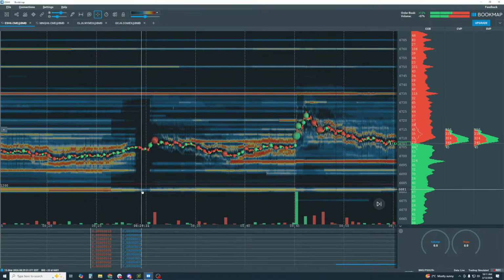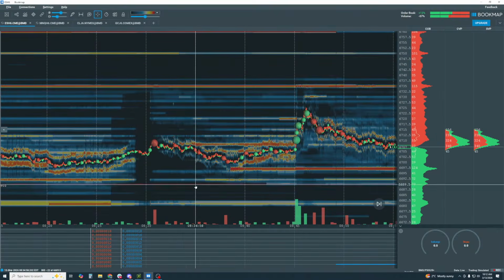I will be a buyer down here at 66.80. So there's a big range in there. If the economic number comes out and it is way outside of expectations, this is where price is going to go.